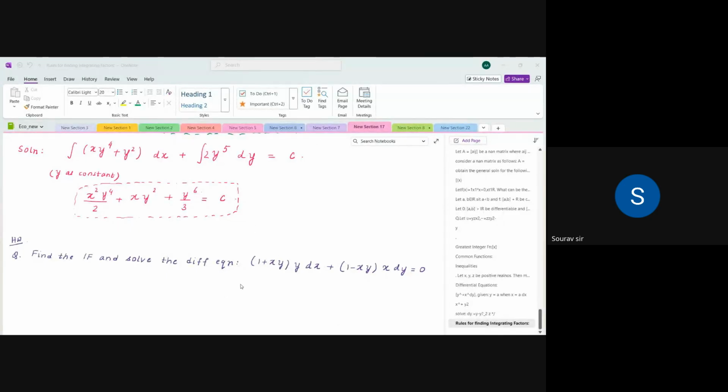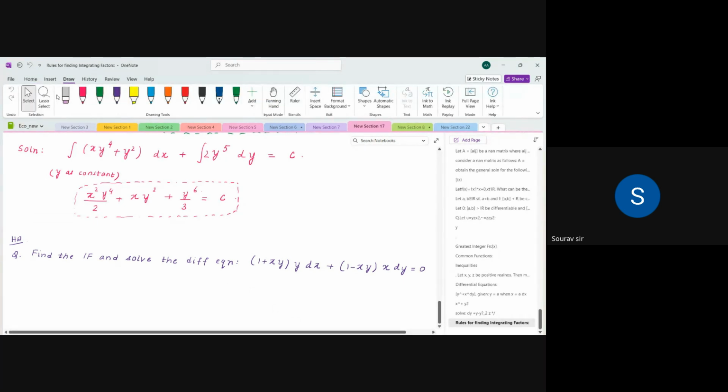So did anybody complete this? Finding the integrating factor and solving the differential equation? Yes, sir. Okay. So what is the integrating factor and the solution? The integrating factor I got is 1 by 2 x square y square.